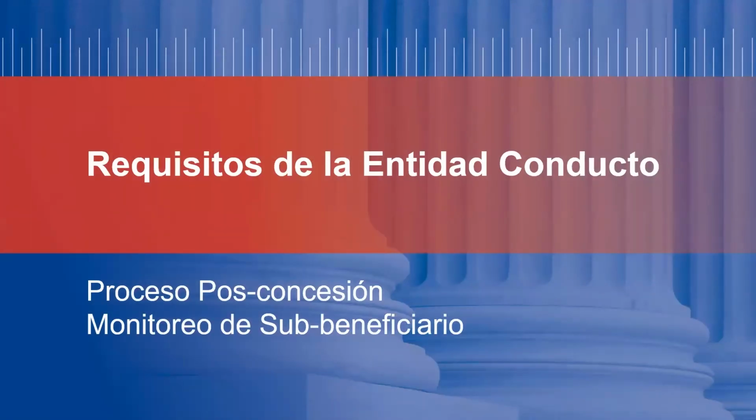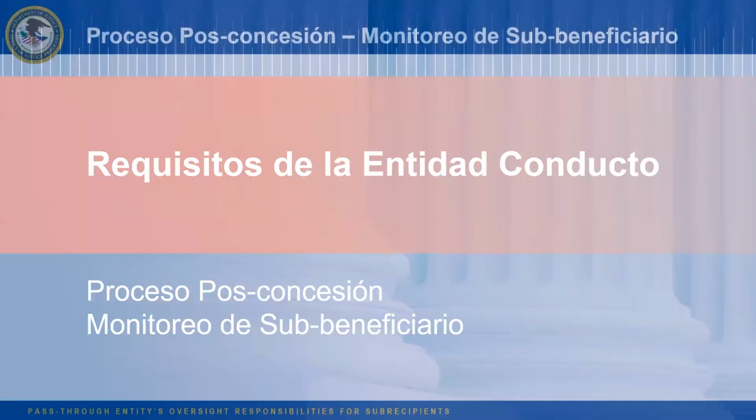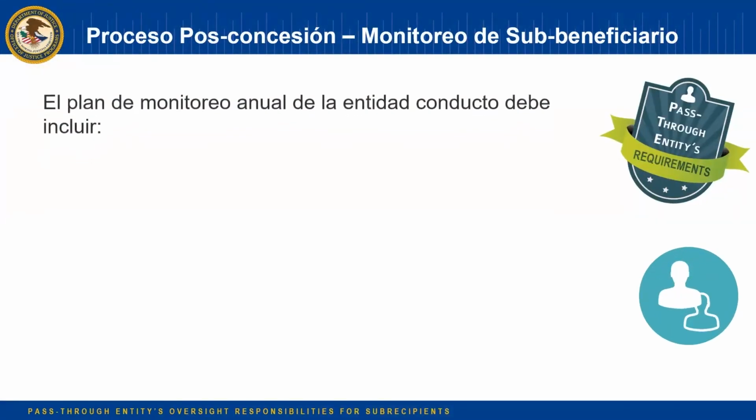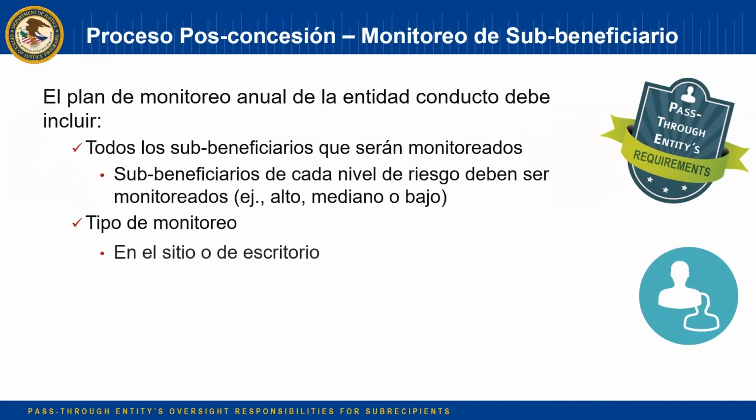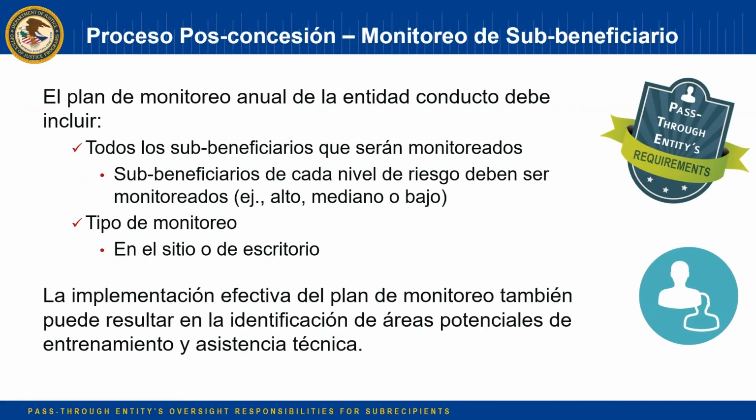So let's talk about the pass-through entity's post-award sub-recipient monitoring. Next slide. Now, the pass-through entity should create an annual monitoring plan. Okay, so based on our population, this is something that needs to be created annually. All of the sub-recipients that are in our portfolio need to be a part of this.